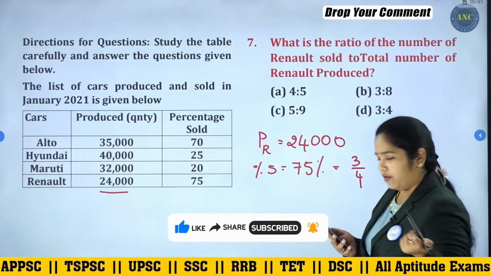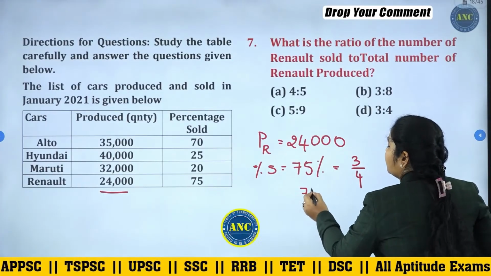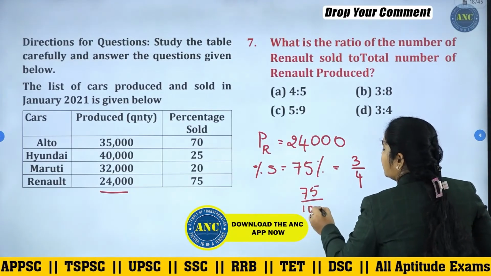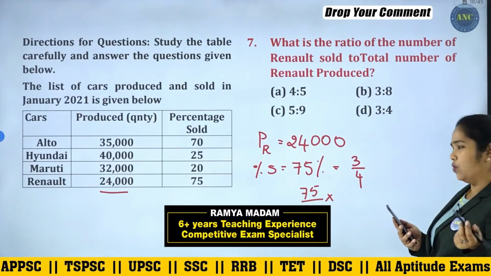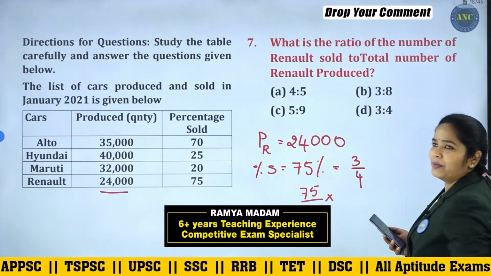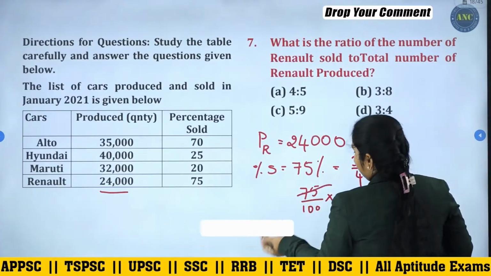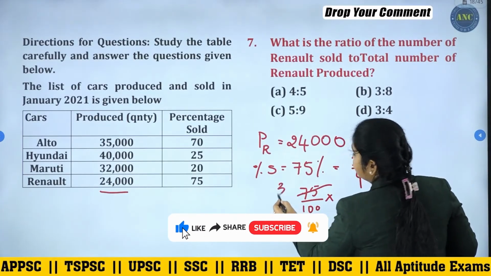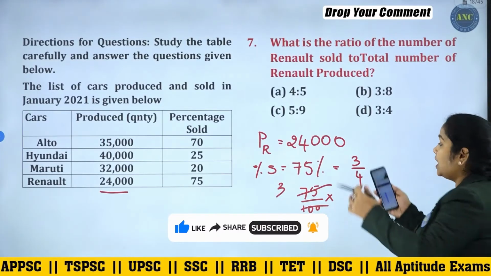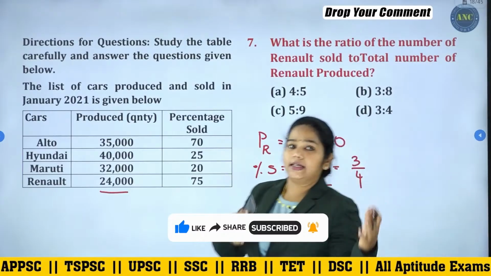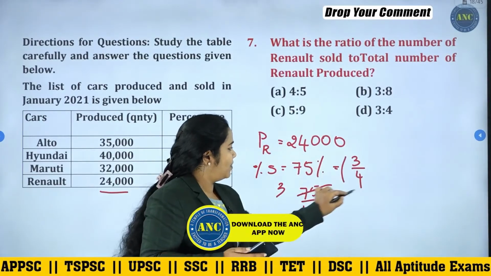How did we get 3 by 4? 75% is 75 by 100. 25 3s are 75, 25 4s are 100. So if the percentage is converted to a fraction, it is 3 by 4.